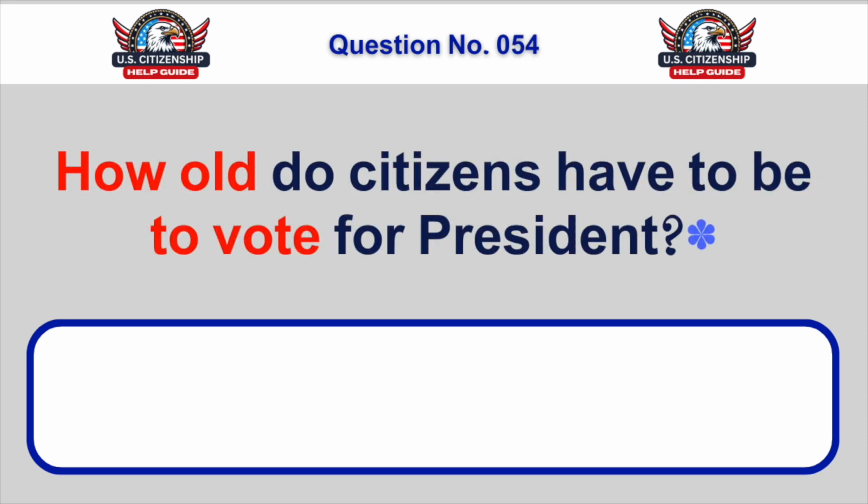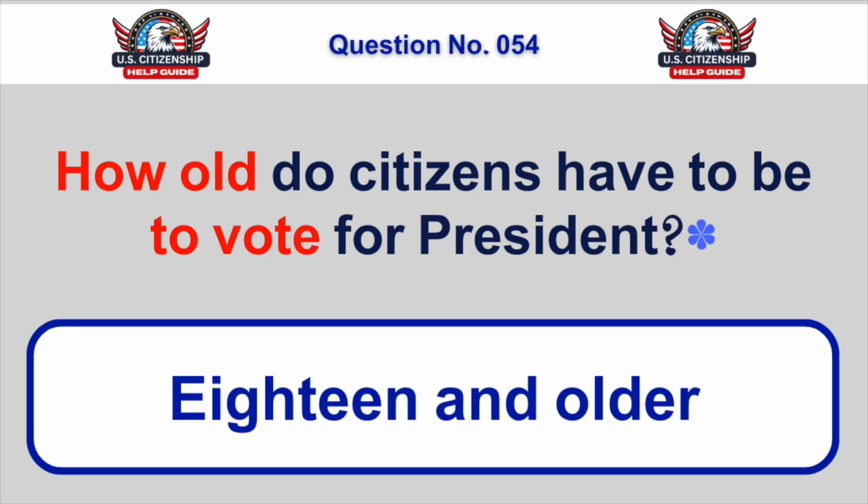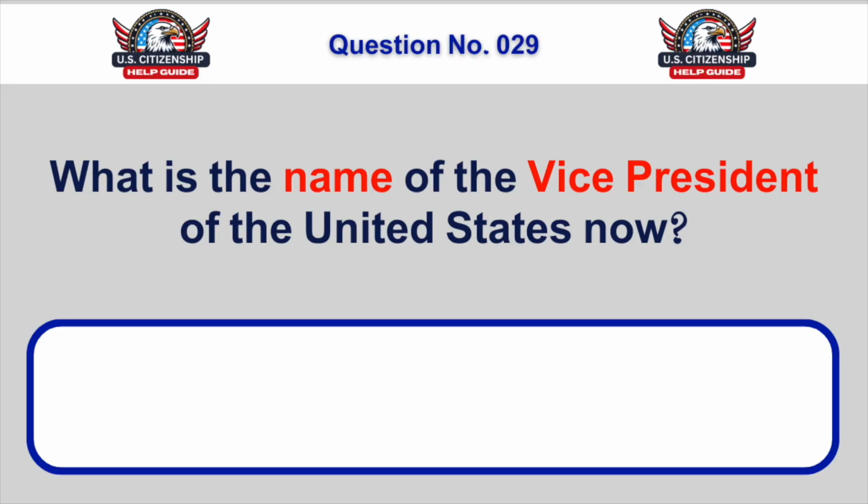How old do citizens have to be to vote for president? 18 and older. What is the name of the Vice President of the United States now? J.D. Vance.